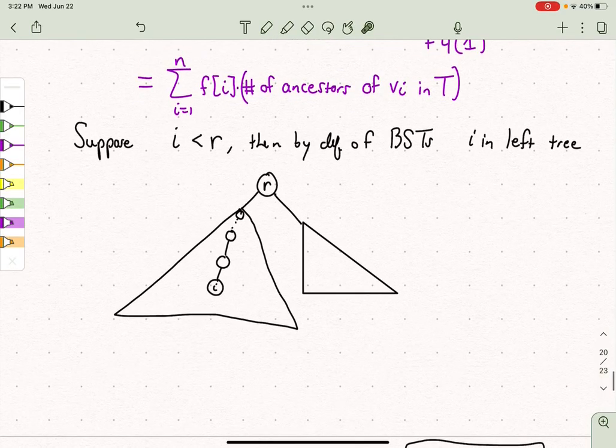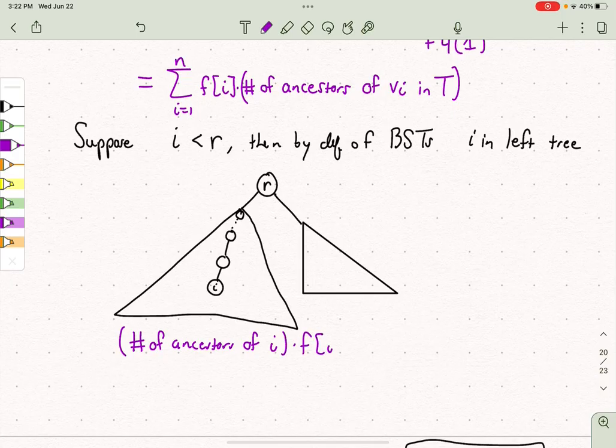The sorted order also corresponds to the binary tree order, which is going to be important. So we have this particular element i less than R, and because it's less than R, we know it's in the left tree. What's the total cost that i specifically will incur? That cost is exactly the number of ancestors of i times its frequency.